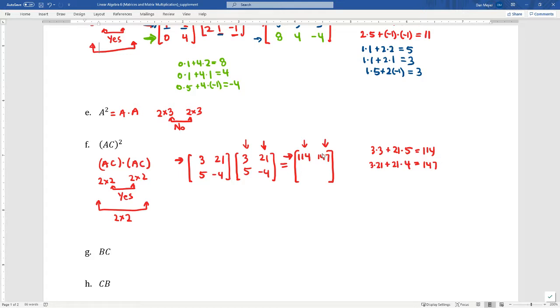For our bottom row here, again, we're making a 2 by 2 matrix. For our bottom row, in the second row, first column, I'll take my second row times my first column. So 5 times 3 plus -4 times 5, which gives you -5.